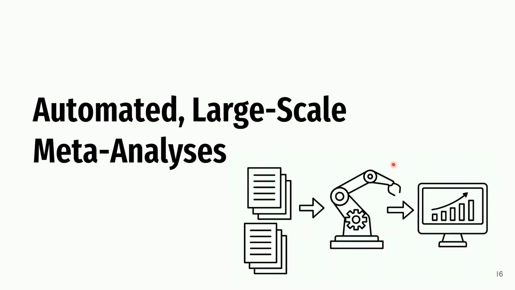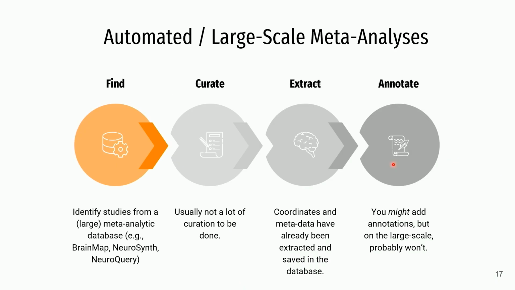Okay, so moving on to automated large-scale meta-analyses. What's really nice about these large-scale meta-analyses is that you don't have to do that fine-grained literature search. When you are searching for your studies, you're already starting with that meta-analytic database that's already populated with hundreds, if not thousands, of neuroimaging studies. There's not a lot of curation because the data is already in there.